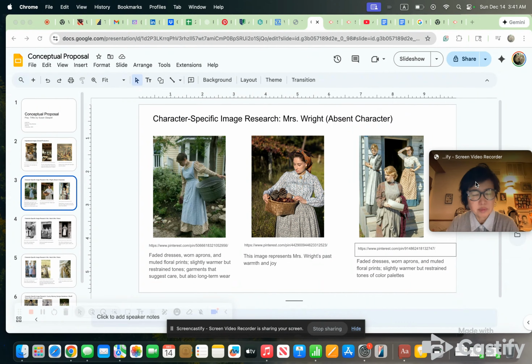However, after she married Mr. Wright, who controlled her and ignored her, her costumes start to change. She wore faded dresses, worn aprons, because she had to do a lot of housework, and muted floral prints, slightly warmer but restrained tones of color palettes. That is what I have researched for her.